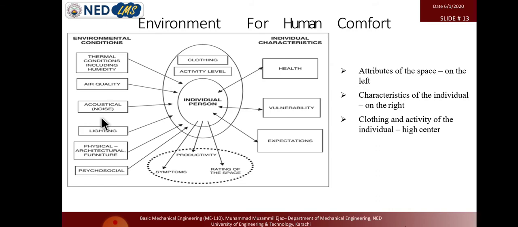Acoustic level: a very noisy place also gives you a very bad feeling. For the human body, we should have an acoustic level lower than 80 decibels. If we have an acoustic value of more than 80 decibels, it will affect our ear system.